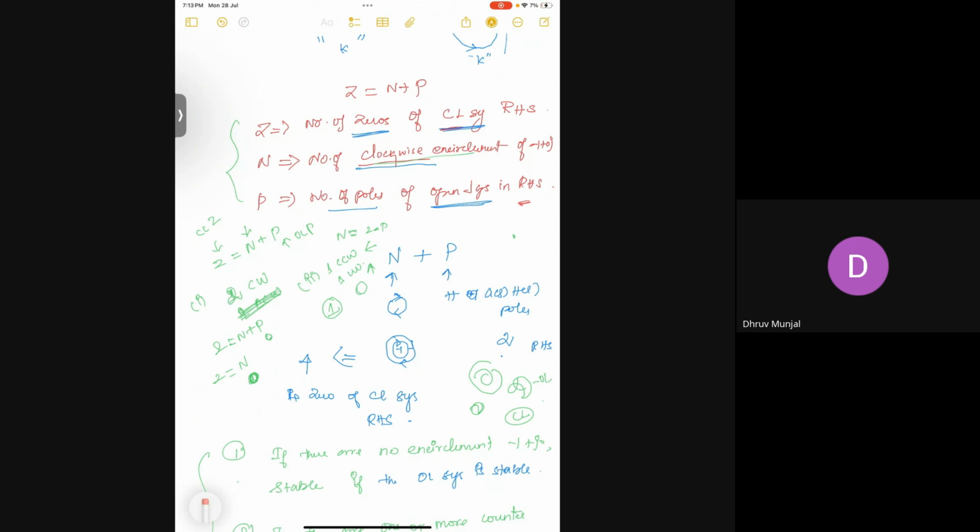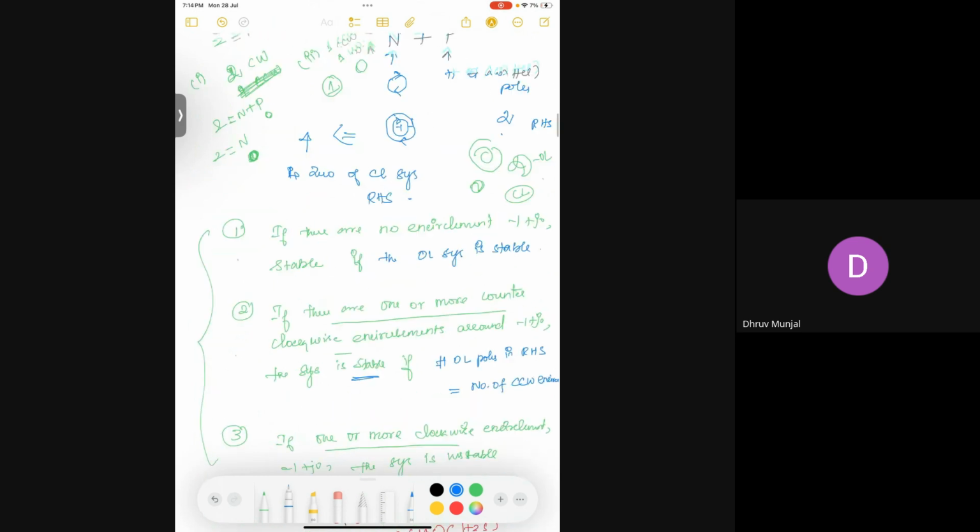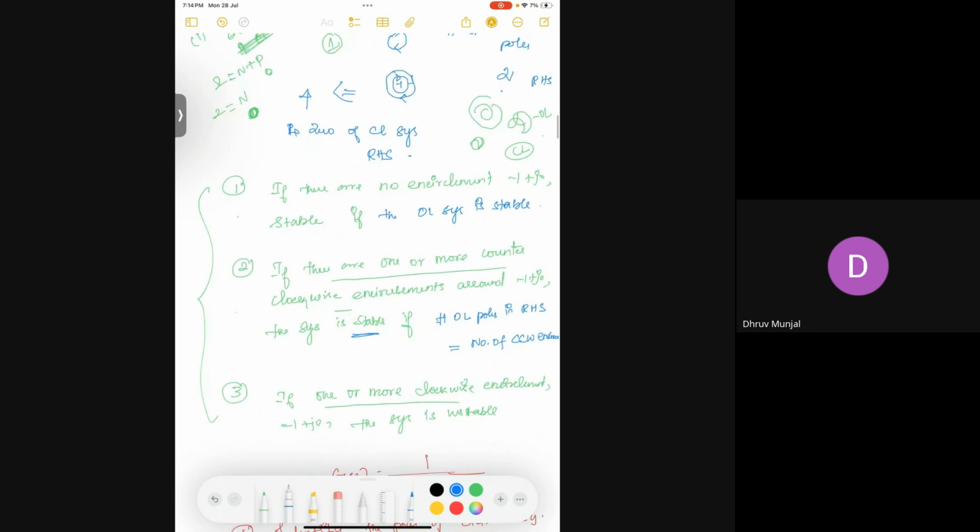Just with the given information, the known points and the formula, you can interpret whether it might be stable or not stable. Just start off with this formula. If you have any doubt, start with this formula and then look for the points. First, see how many encirclements happen around -1, and based on that, interpret it. If there is no encirclement, see whether the question has open loop poles or not.